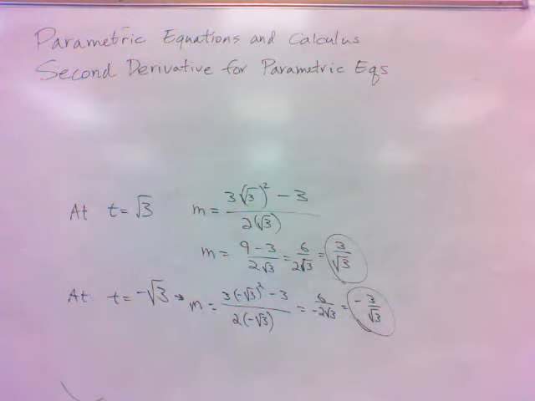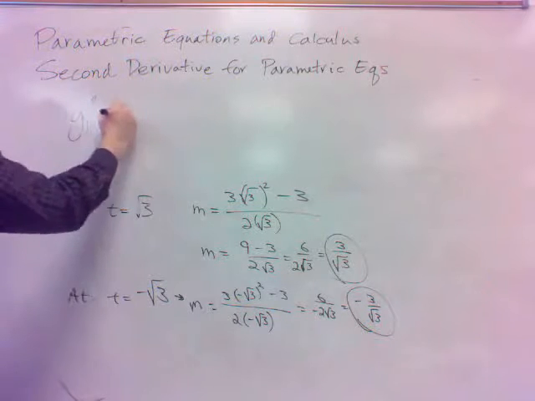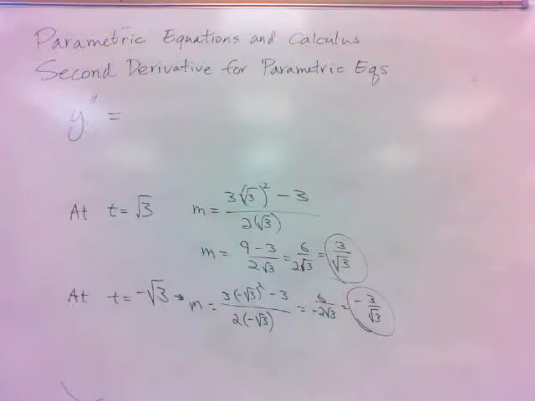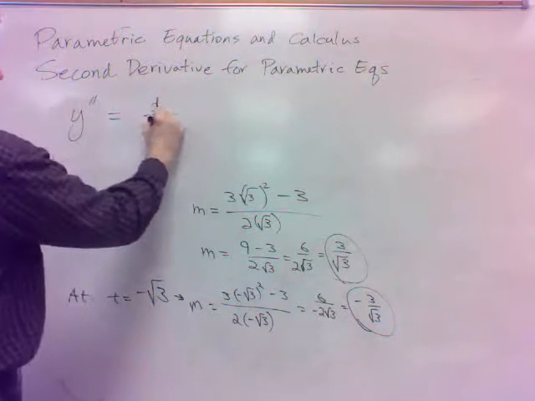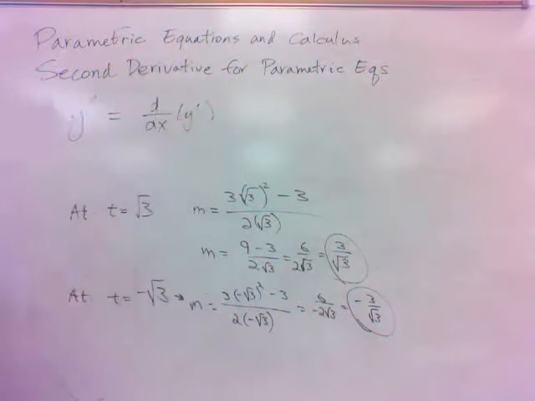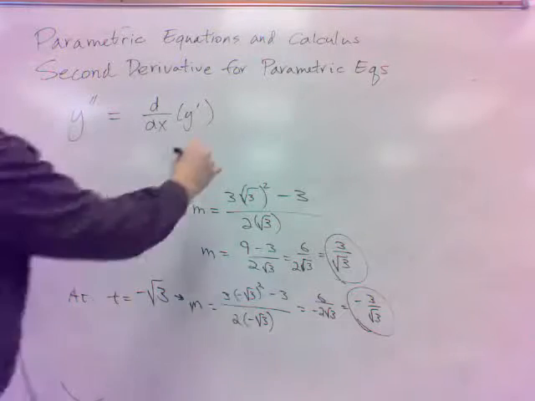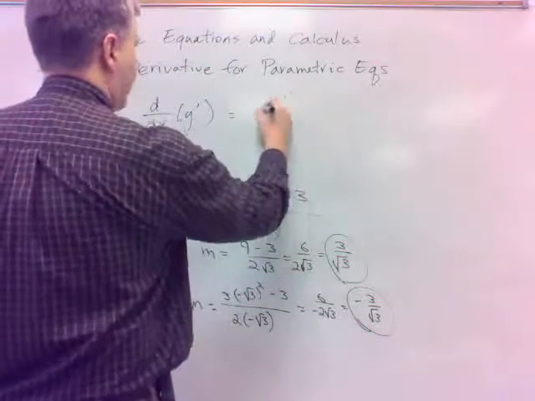Second derivative, we usually write y double prime. Well, when we say y double prime, usually we mean the derivative of the first derivative, right? So d dx of the first derivative. Second derivative is just the derivative with respect to x of the first derivative, which we could write d y prime dx.